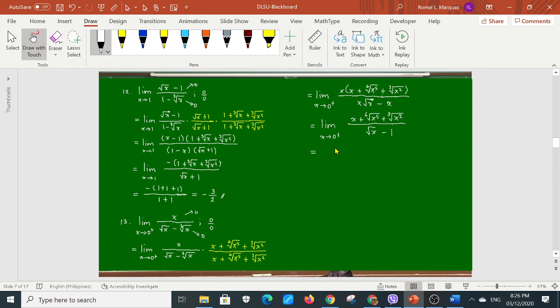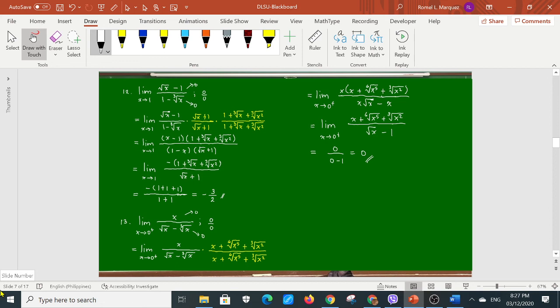So, 0 ang limit ng numerator. 0 minus 1, kasi from the right, ha? Kaya okay ang square root. So, 0 over negative 1 is 0. 0 lang pala ang limit. Pakahirap pa tayo, no? Kung alam niyo lang.